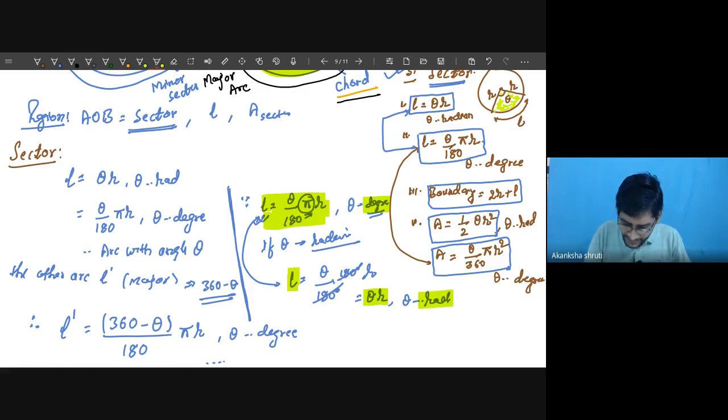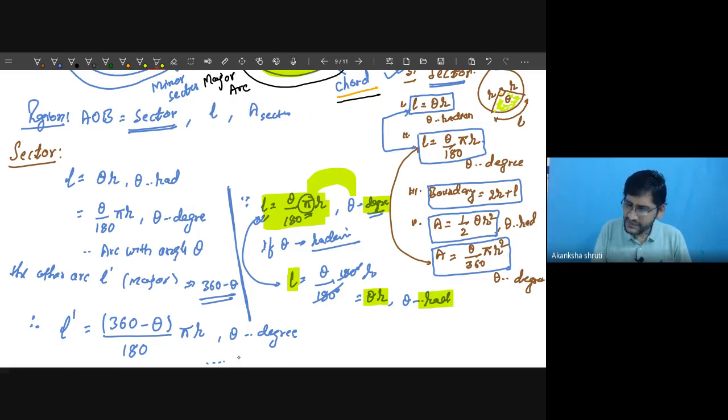But the care you shall take is that while using degree, you use this one, because this formula itself is adjusted for degree, so that theta can be directly substituted in degree.